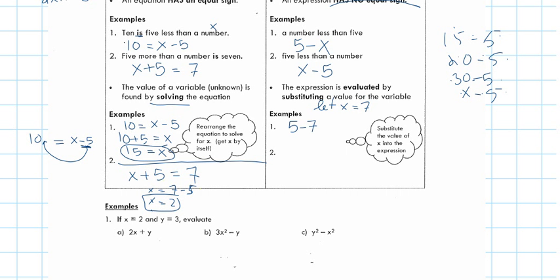You're going to take your expression and replace x with the value that I've given you. So that's 5 minus 7, which is equal to negative 2.